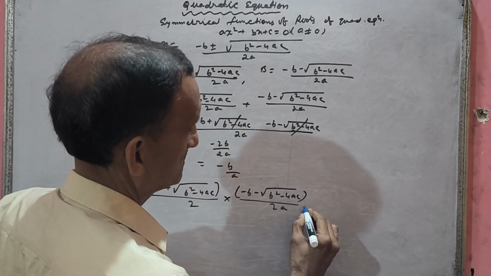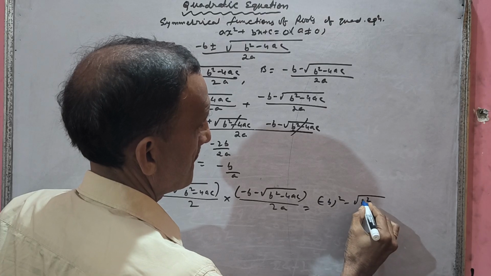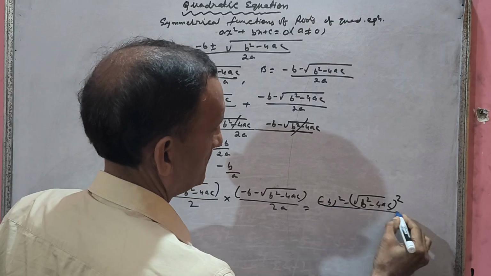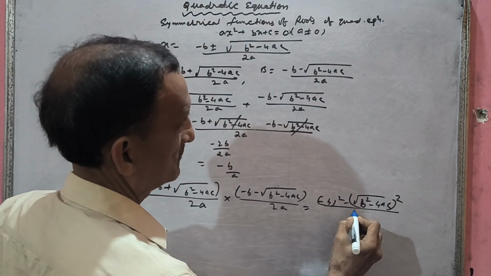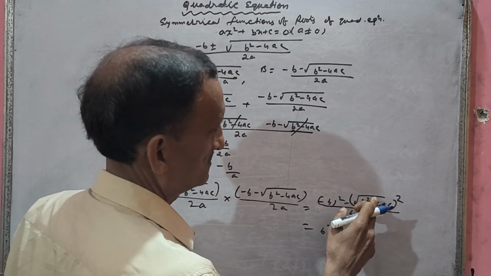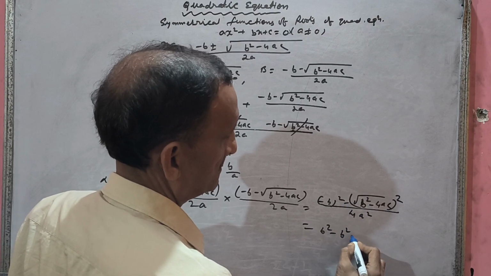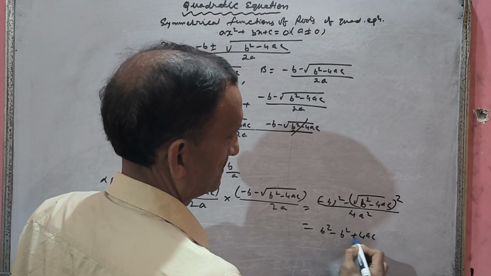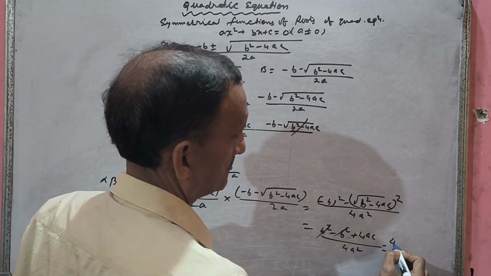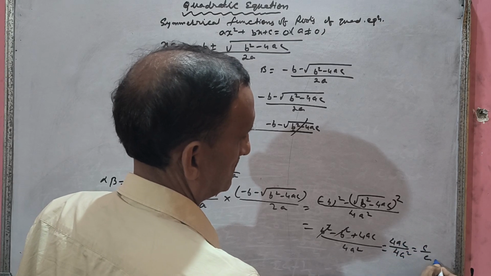You have the identity a square minus b square. You multiply the denominators, 4a square. So how much will we get? b square minus, when you do the square the root will be removed, and the minus sign will change to plus 4ac by 4a square. What will we get? 4ac by 4a square, then we get c by a.